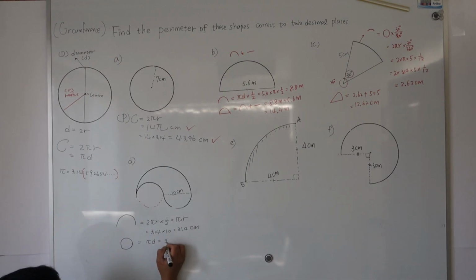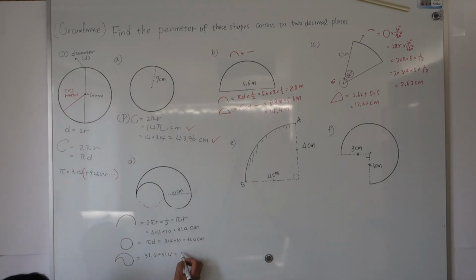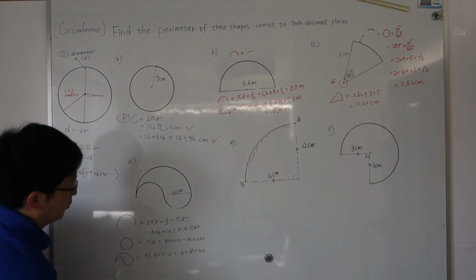D is 10, so just use 3.14 times 10, another 31.4 centimeter. Therefore, the whole circumference, this one and this one, equals 31.4 plus 31.4, so equal to 62.8 centimeter. Okay.